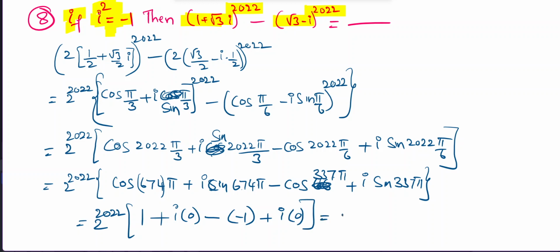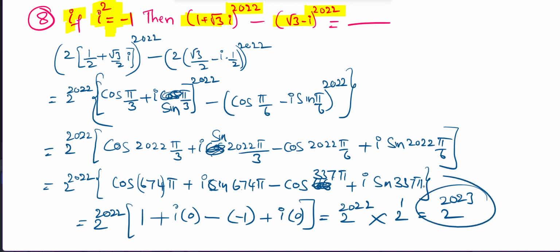That is equal to 2 to the power of 2022 into 1 minus of minus 1, which is 2. That is equal to 2 power 2022 into 2 power 1, that is equal to 2 to the power of 2023. This is the required answer.